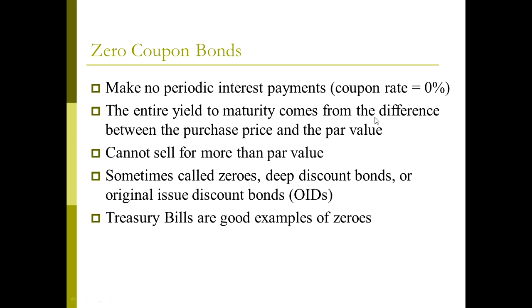Because there are no coupon payments, you have to make your profits from the discount. So you cannot sell them for more than the par value. Nobody will buy it. Sometimes they are called zeros, deep discount bonds, or original issue discount bonds. Treasury bills are good examples of zeros.